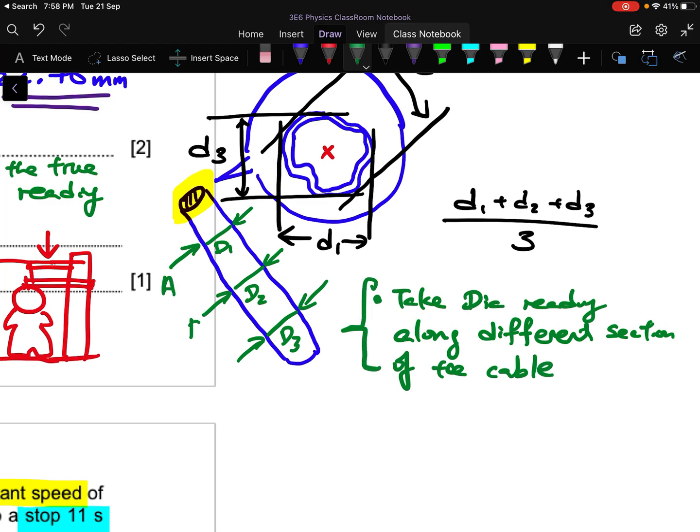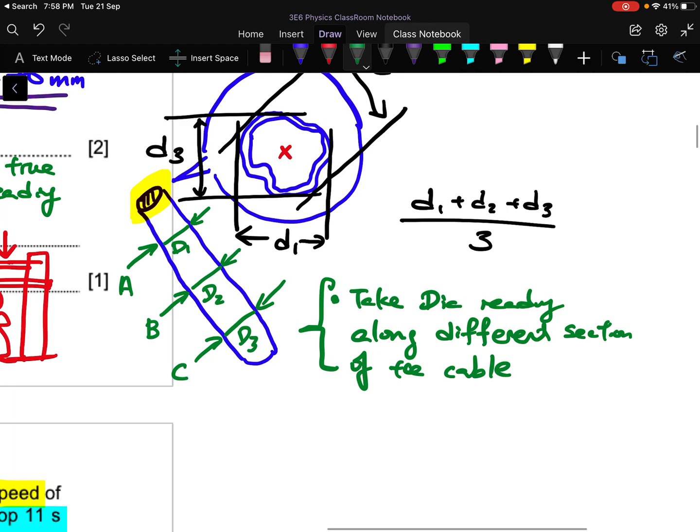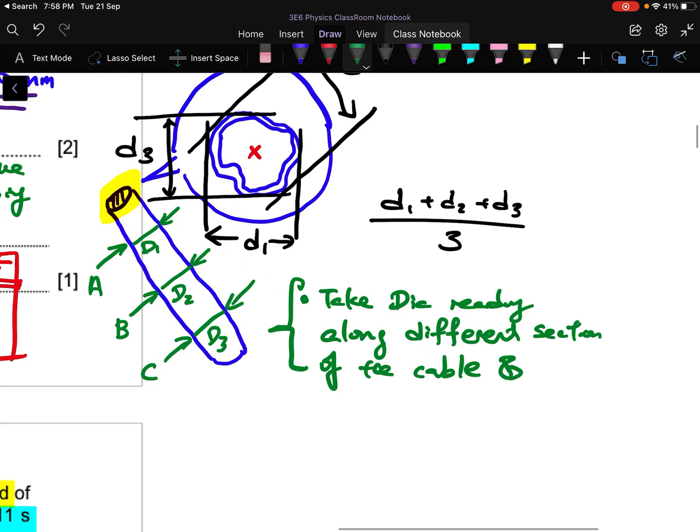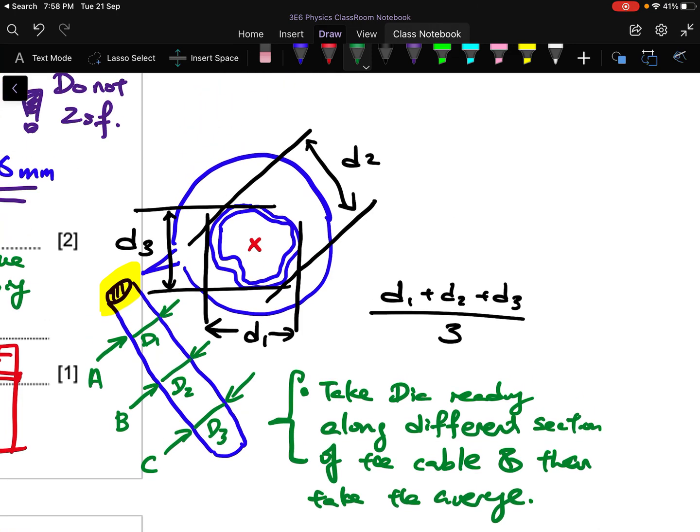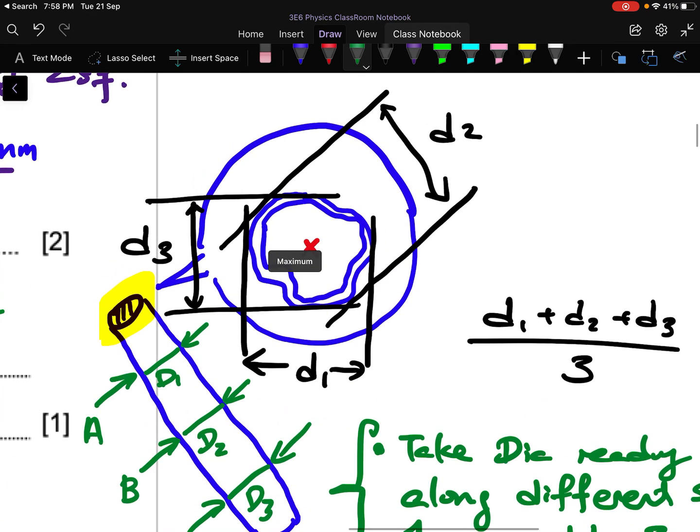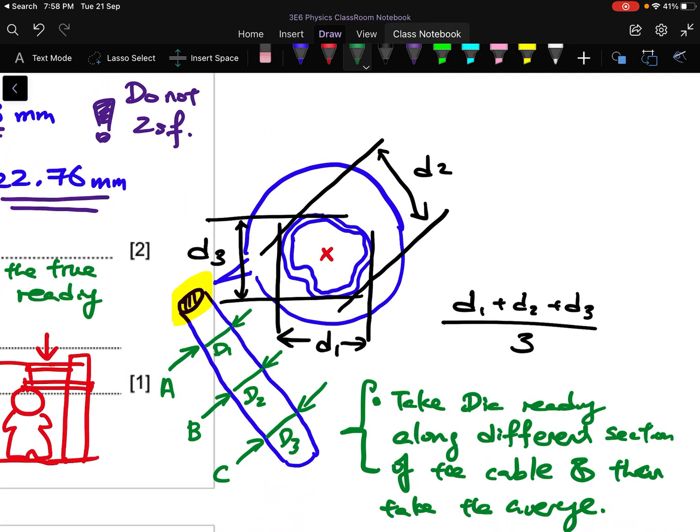Section A, section B, section C. You take the diameter reading along different sections, and then you can take the average. So that will give you a more accurate one. Or you can reorientate your micrometer screw gauge such that you are getting the diameter at different angles, at different orientations, and then you can divide by 3.